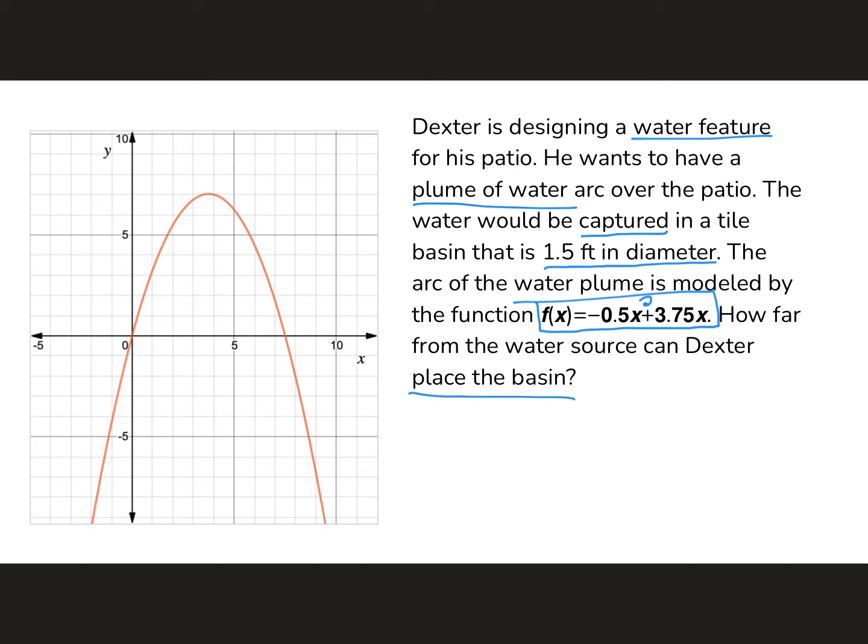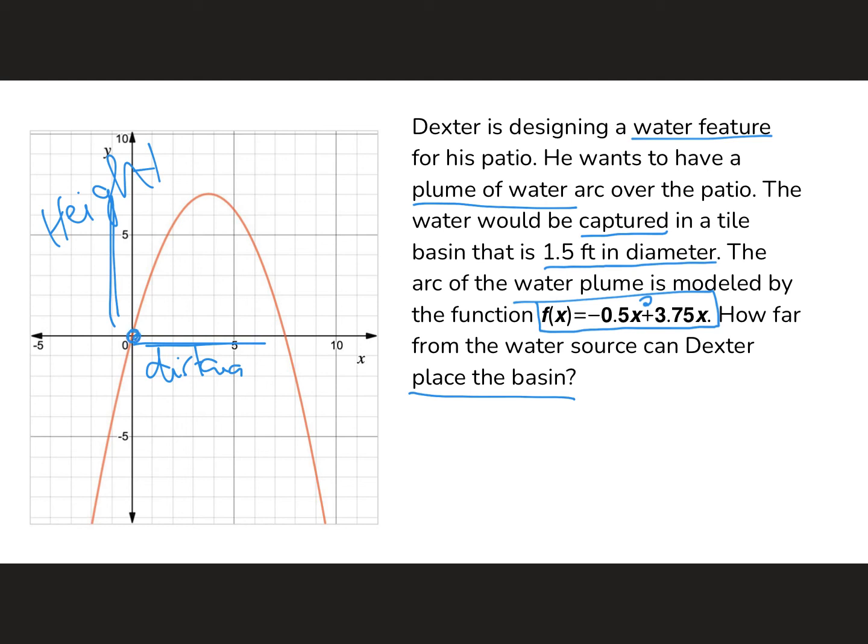Okay, so here our x value is the number of feet away it is. The y value is the height. So this is our height, and this is our distance in this case. So we're trying to figure out where we need to place the basin. So we look at this.